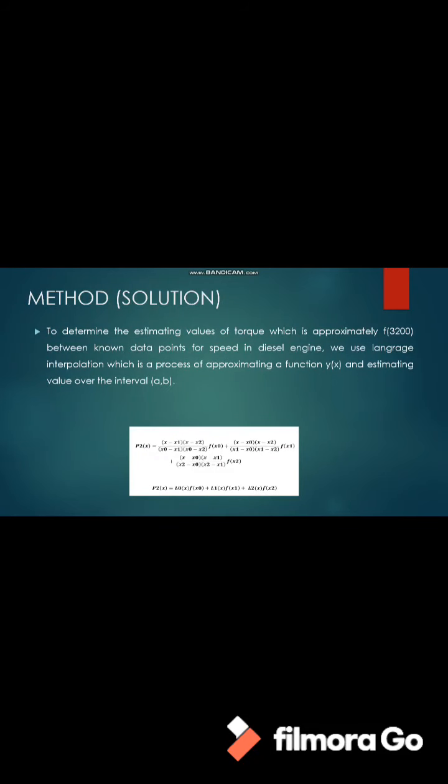Okay, I will present about the method for solution. To determine the estimating values of torque, which is approximately F3200, between non-data points for speed in a diesel engine, we use Lagrange interpolation, which is a process of approximating a function y(x) and estimating value over the interval a, b. In our project, where the set of data has only 3 points, the following polynomial expresses the function y(x) with this formula.